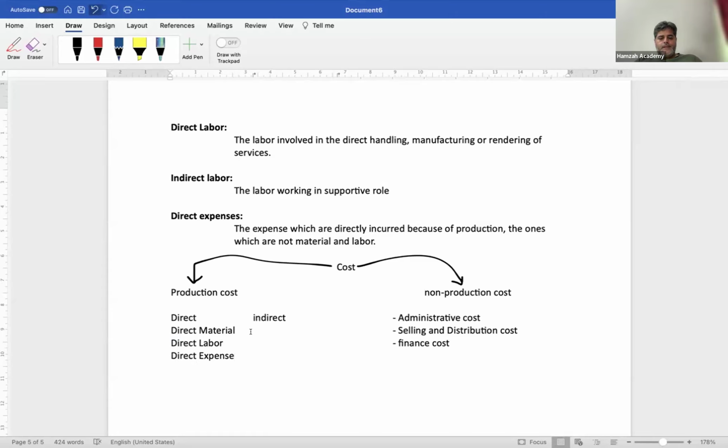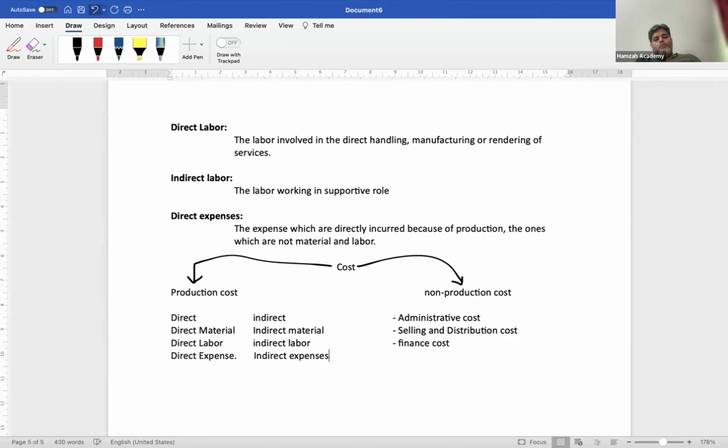As far as the indirect is concerned, we already saw that we have indirect material, indirect labor, and then indirect expenses as well, right?